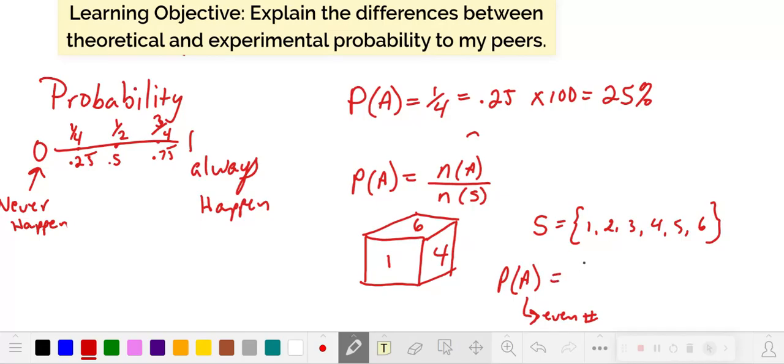So that would be 3 out of 6. The number of events that I'm looking for, the number of events is called even numbers. And the number of samples is the entire amount I have a choice I can get. Okay? So that will be 1/2. And if I multiply that by 100, I get 50%. So I have a 50% chance of getting an even number.